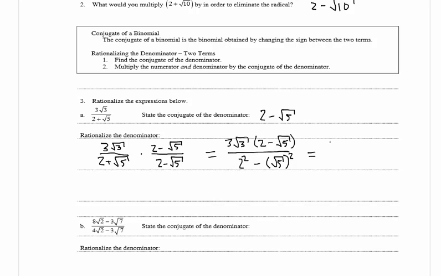And this can be written as 6 square root of 3 minus 3 square root of 15, distributing my 3 square root of 3 through the parentheses in the numerator, divided by, now we have 4 minus 5, and this is negative 1. So we can change the signs of our numerator and write it without the denominator. So I can say that this is equal to 3 square root of 15 minus 6 square root of 3.